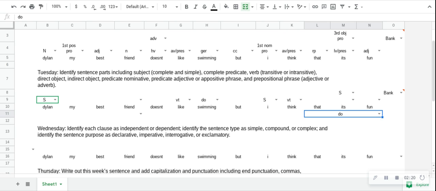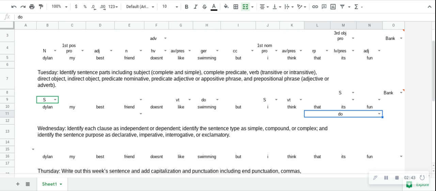I know that's bizarre, but we can have direct objects be an entire phrase. That's why we have a dependent clause in I think. Okay, you can't just say, well, you could just say I think, but in this case, there is a dependent clause.